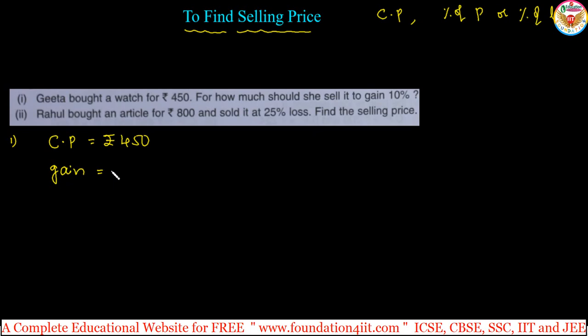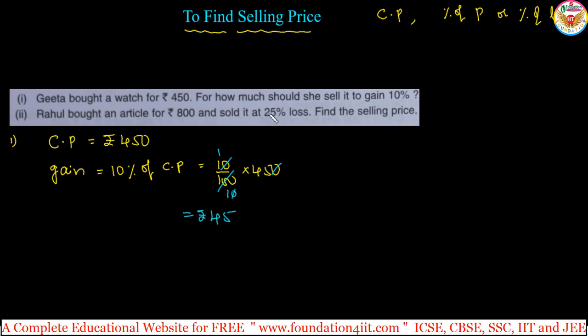That means gain is exactly 10% of the cost price. So that is 10 by 100 of the cost price, 450. You can calculate this: 10 times 10, zero cancels, 45. Up to here, gain is 45 rupees.